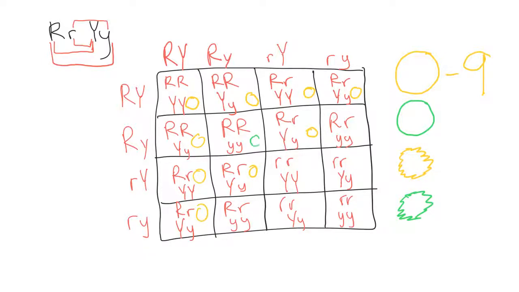So here's a round green, here's a round green, and here's a round green. So we have 3 of those. Wrinkled yellow, for that you need 2 little r's and 1 big Y. So one there, one there, one there. And then lastly, our wrinkled and green, we have 1 of those.